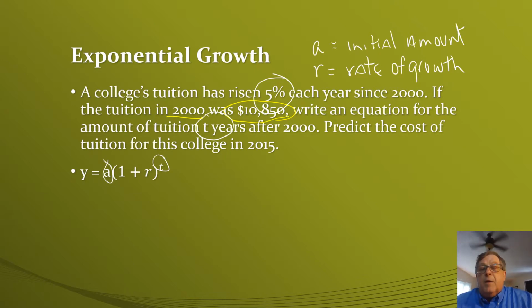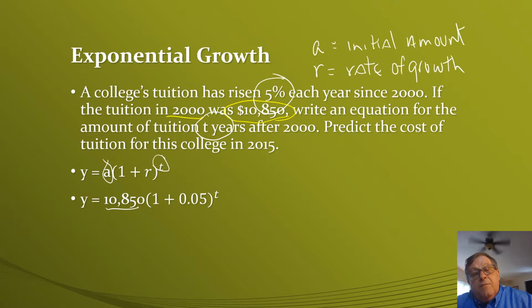Well, let's take some information here and plug it in. So we have y equals 10,850, that's our initial amount, times 1 plus 0.05, that's our 5% in decimal, and then raised to a certain number of years.